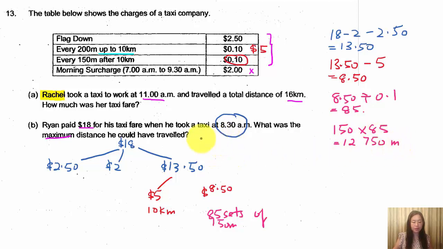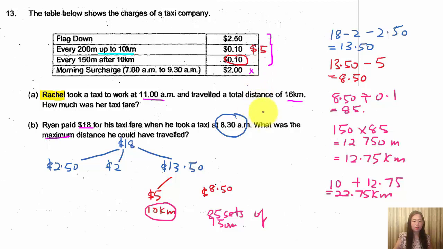So the total maximum distance he can travel will be 10 kilometers, that is here, and 12.75 kilometers, which is here. So total is actually 10 plus 12.75, and it will be 22.75 km.